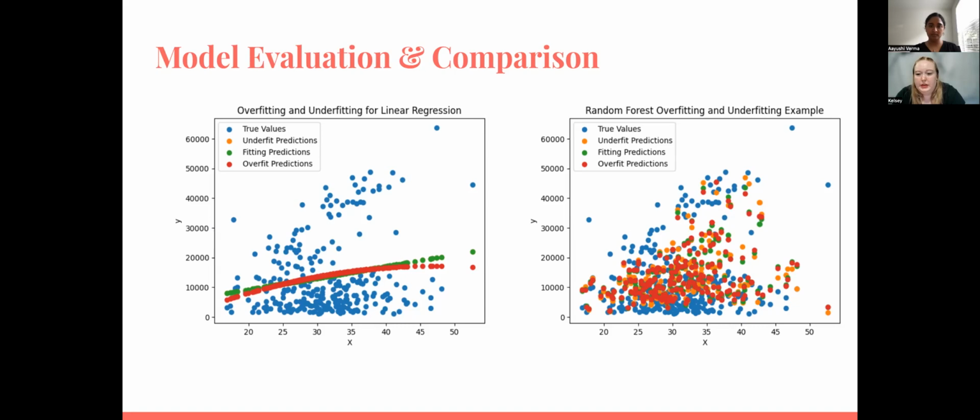But if you look at the random forest, this is more ideal, but it's still not ideal. Everything from true values to fitting, underfitting, overfitting are all pretty on top of each other. If we had the blue, which is true values, and the green, which is fitting predictions, on top of each other, that would be ideal.